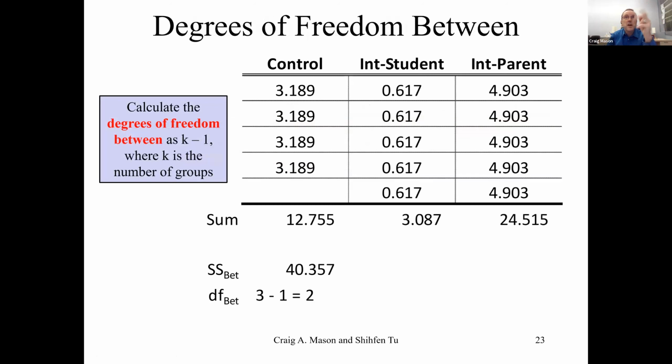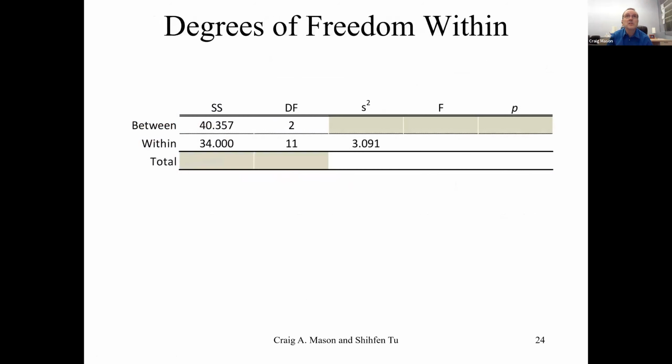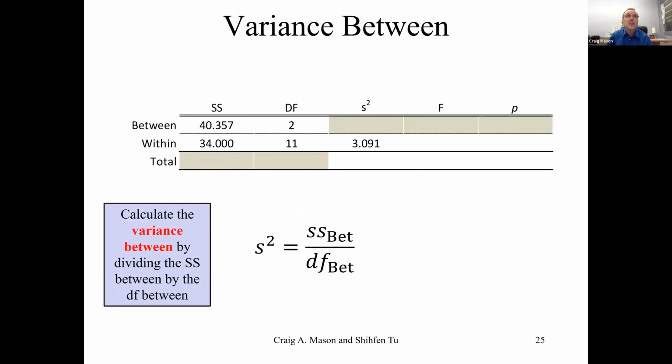You have 3 groups minus 1. Our degrees of freedom between is 2. The variance between is the sum of squares between divided by the degrees of freedom between. So that's just 40.357 divided by 2, which gives us 20.179. That's our variance between.